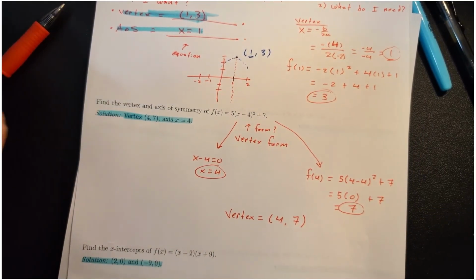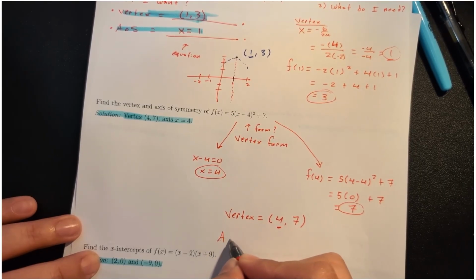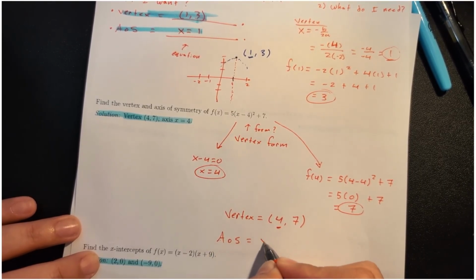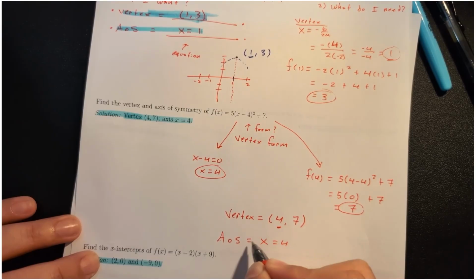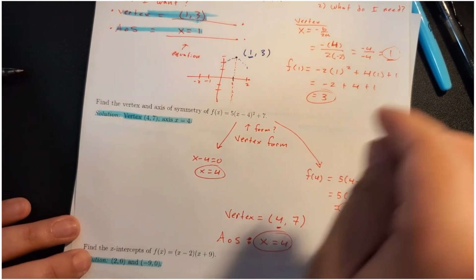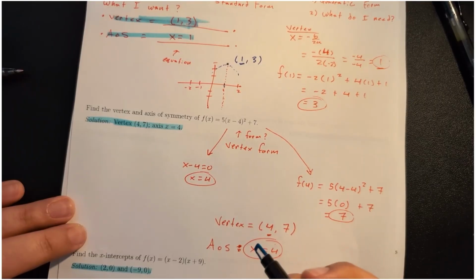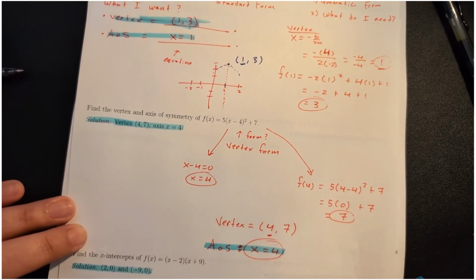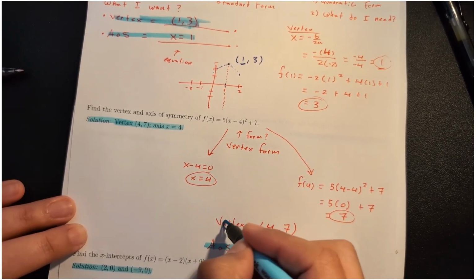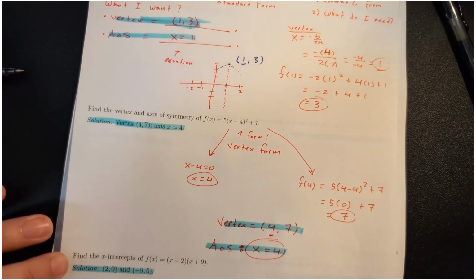So if I know my vertex, then the axis of symmetry is just x equals 4. That's my axis of symmetry. Okay. So again, axis of symmetry, x equals 4, and vertex is (4, 7). Okay.